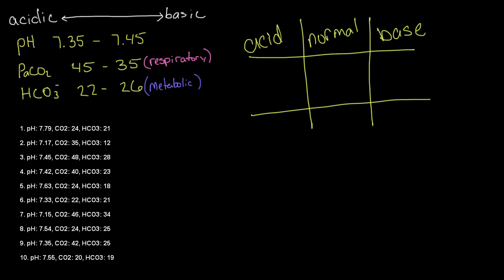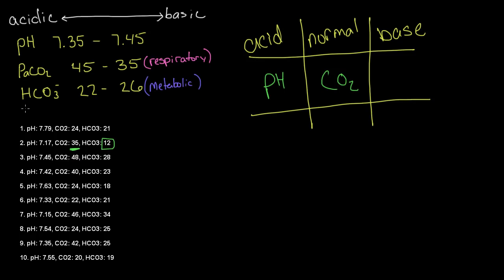Let's go ahead and get rid of this. Okay, so we have a pH of 7.17. This is acid, so pH in the acid column. CO2 of 35, which is normal. It is in this range inclusively, so our CO2 is fine. Then we look at our HCO3, which is 12.